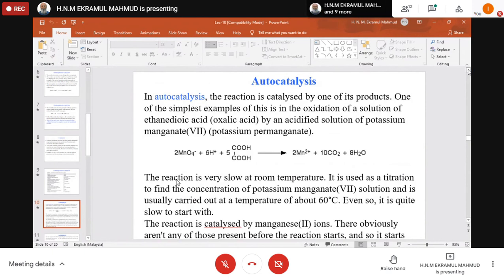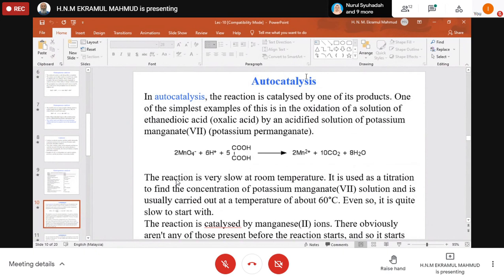That is not autocatalysis; that is the catalyst used for automobiles. Sometimes we hear the term autocatalysts, and at that time it refers to automobiles.